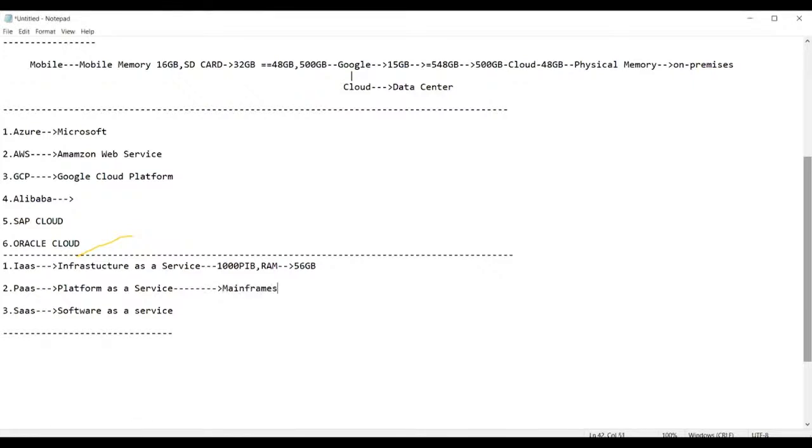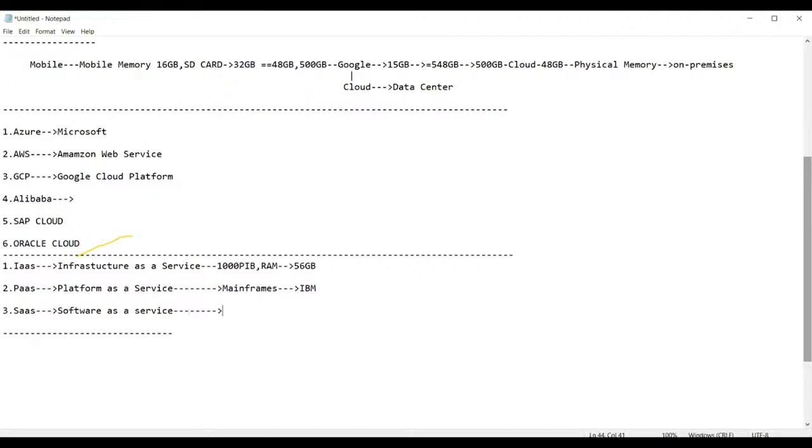Mainframes. Mainframes is an operating system from IBM. So you need not buy the license of this, and you need not worry about the operating system. Simply you need to inform your cloud provider, Azure, that you require the mainframes operating system. He will take care of it.